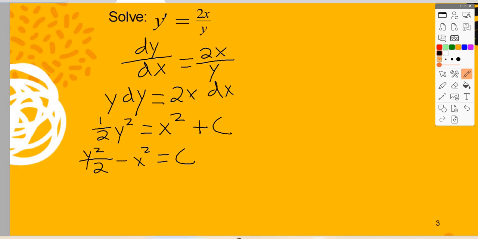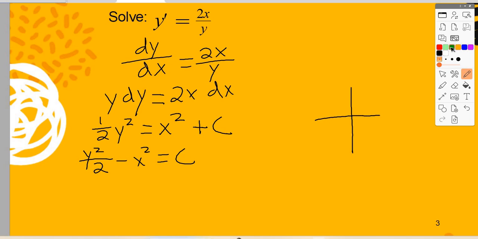What is that the equation of? It's not the equation of a circle. It would have to be addition, and my denominators would have to be the same in order for it to be a circle. For an ellipse, it would still have to be an addition sign, but the denominators are different. It's a hyperbola.